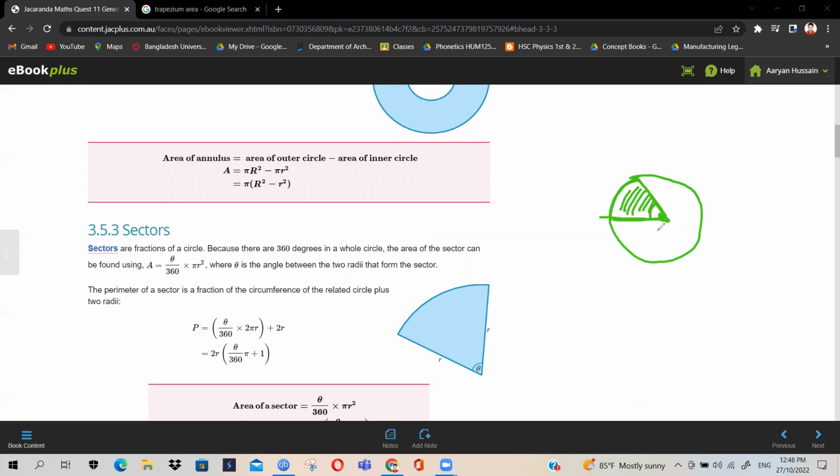So say for instance, in case of a circle, what is the angle at the center? Tell me. Angle at the center, 360 degrees. Okay, so say in this case the angle is 80 degrees. So the area would be 80 upon 360 times the area of the circle. So that would be our area of the sector.